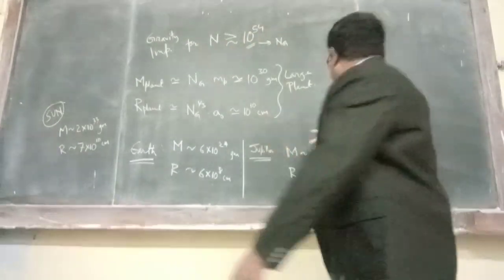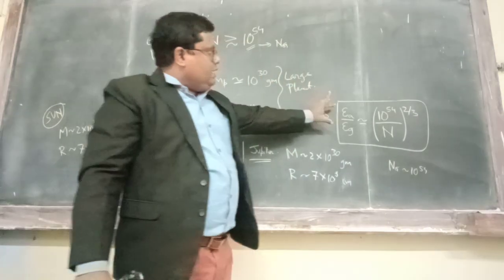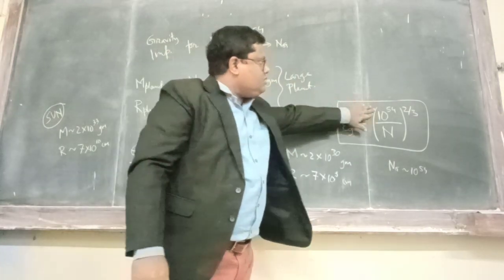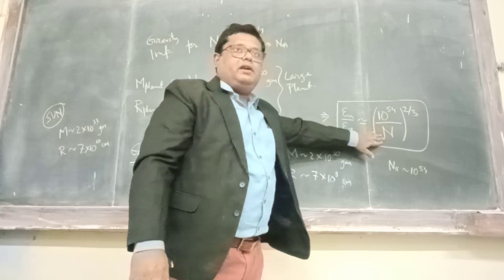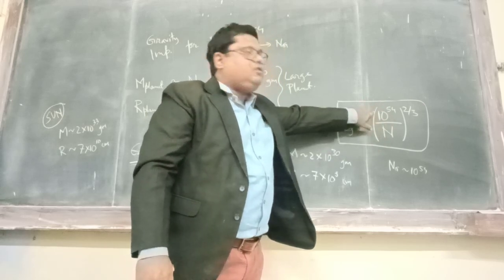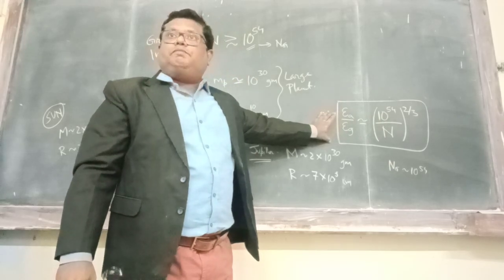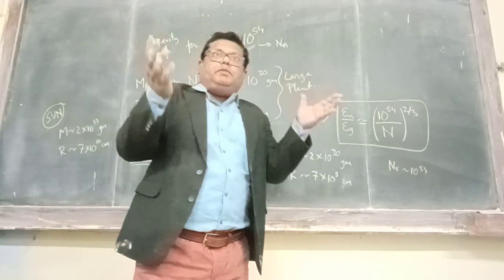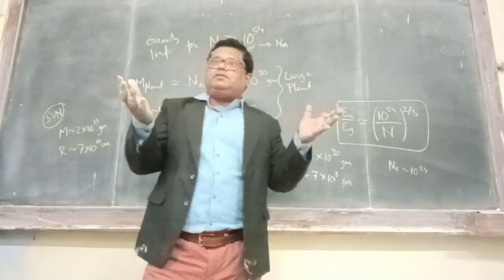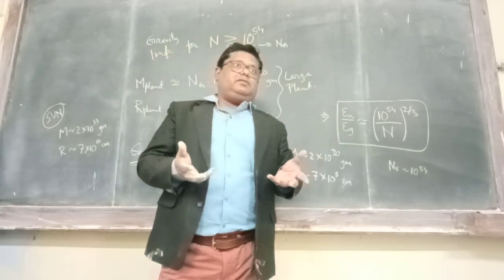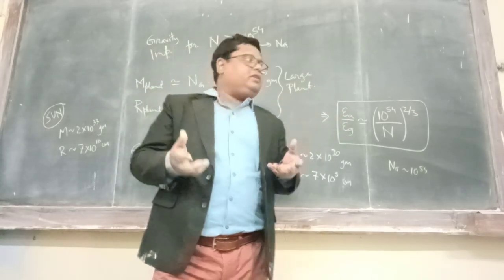As I showed you, electromagnetic by gravitation is of the order of 10 to the power 54 by n. So when n approaches this value, which is basically N_g, then gravity starts becoming important. The simplest scenario where gravity becomes important is a planet. You can check for yourself, right?